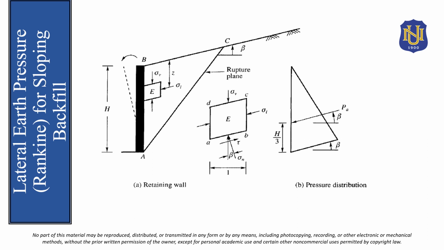So, here in the Rankine active and passive earth pressure for sloping backfill, the concept of active and passive is still the same. For active, if this is our retaining wall in its initial position, and it yields outward, that means the soil pushes the retaining wall away, and the rotation is counterclockwise.